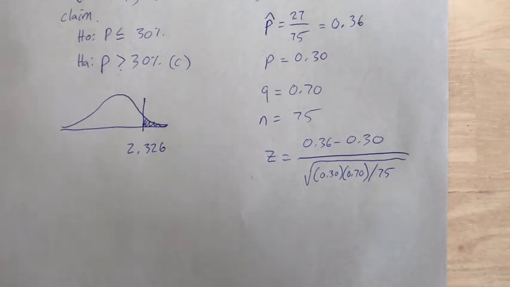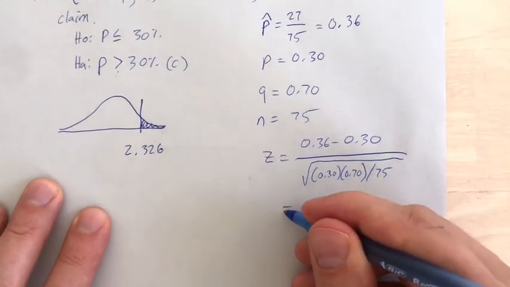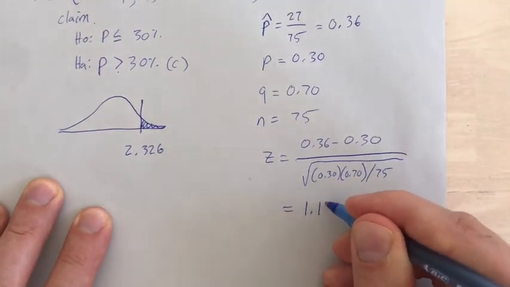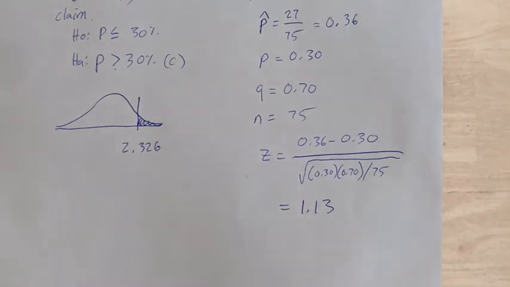I'll do the same. Here we go. 0.3 times 0.7 divided by 75. And I am getting, and hopefully you got the same thing, 1.13. So that's my test statistic.